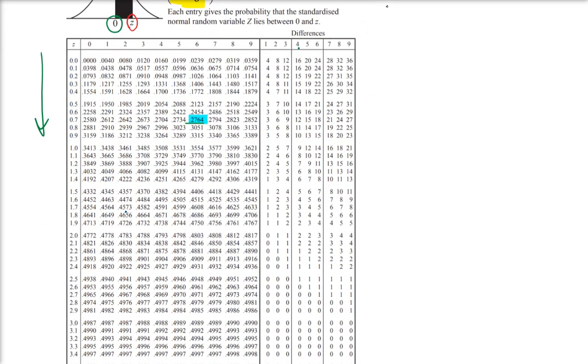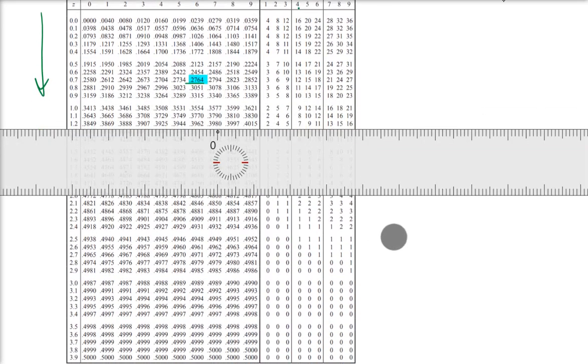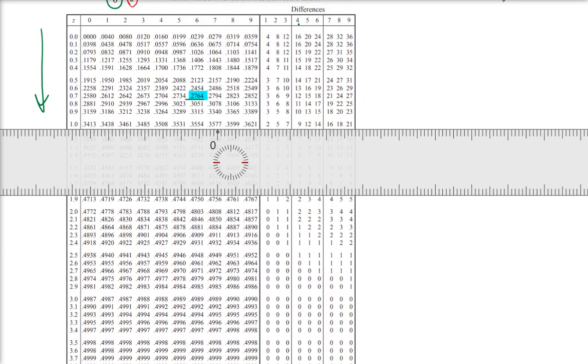So we're looking for 1.045, I believe. My memory is fading me at the moment. 1.045, and hopefully you remember what we do with those differences. With those differences, we are going to add 12 to 3508.